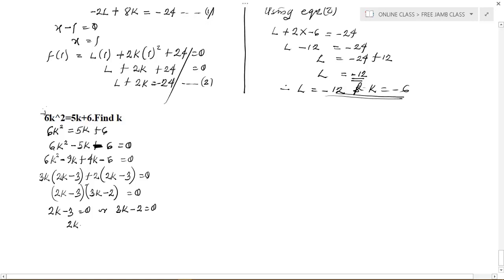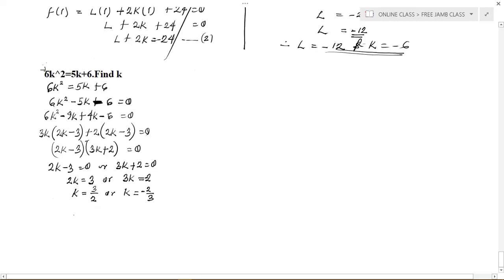Then we have 2k equals 3, or 3k equals minus 2, so k equals 3 over 2, or k equals minus 2 over 3. Therefore k equals 3 over 2 or minus 2 over 3.